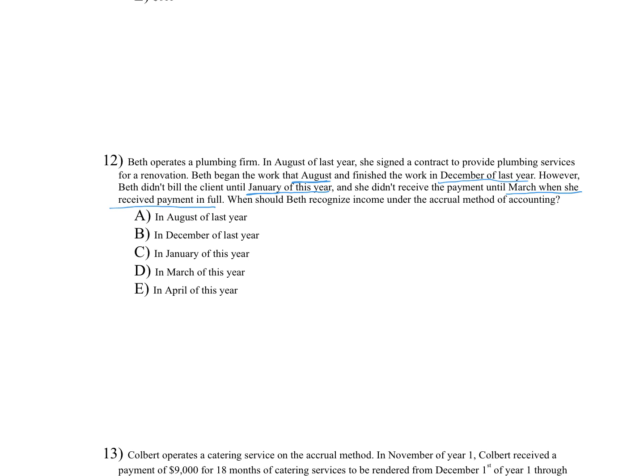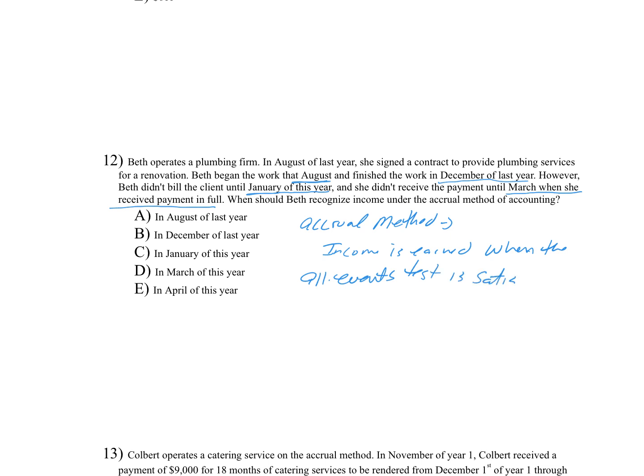So under the accrual method, income is earned when the all events test is satisfied.